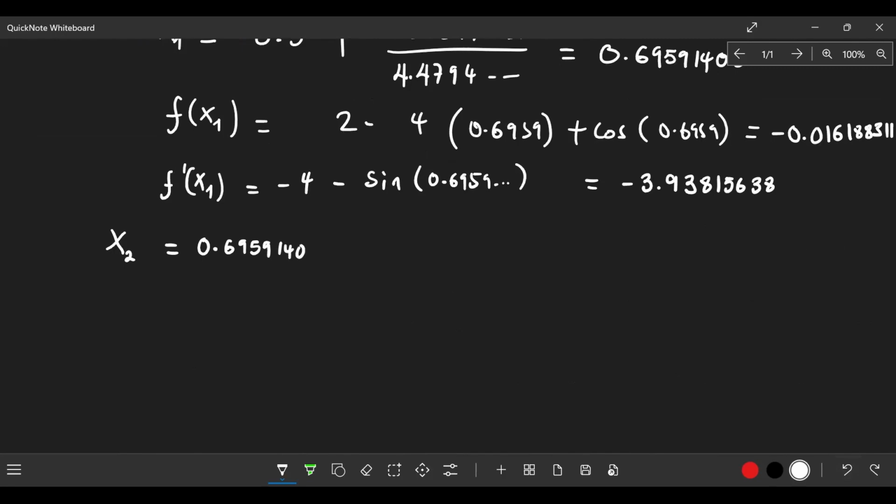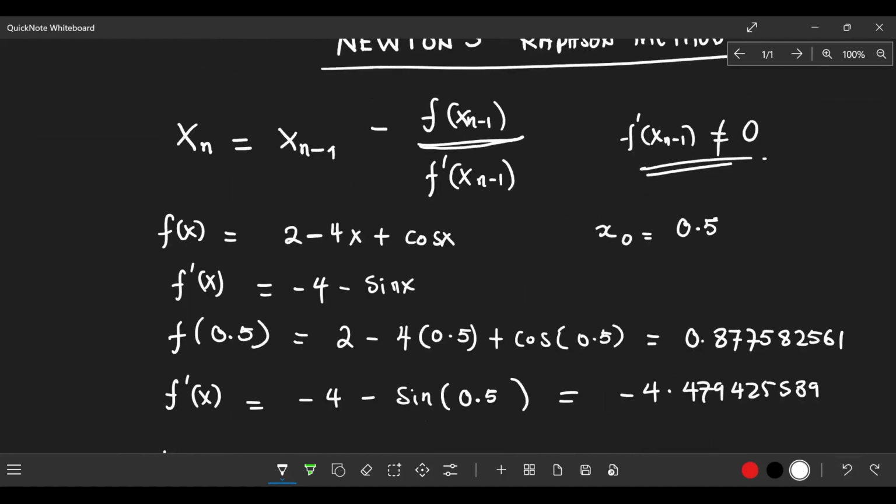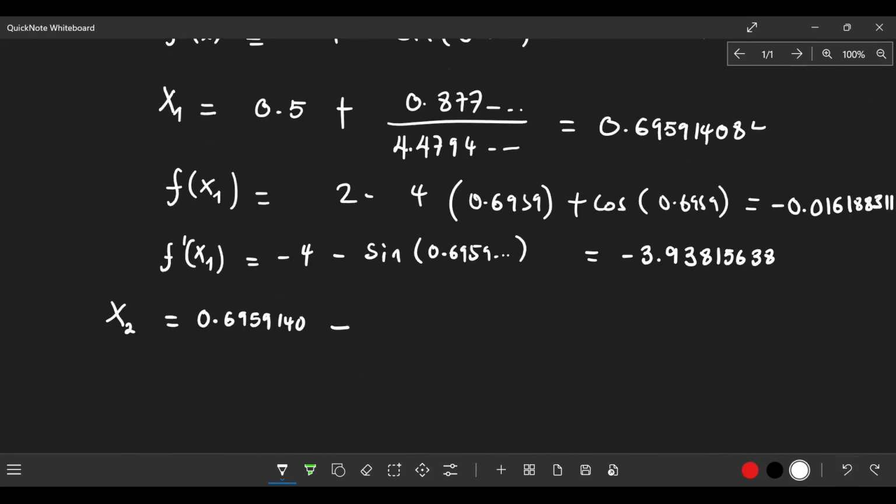Minus, now you see that f of x n minus 1 is negative and f prime of x n minus 1 is also negative, so this negative and this negative become positive.